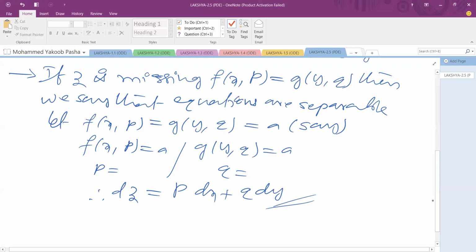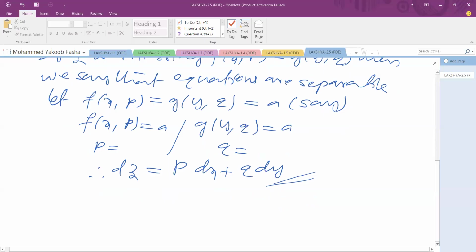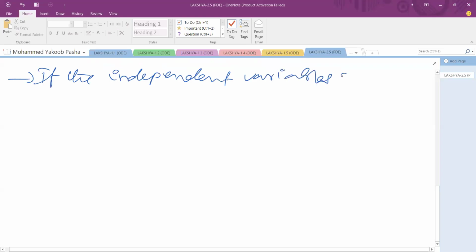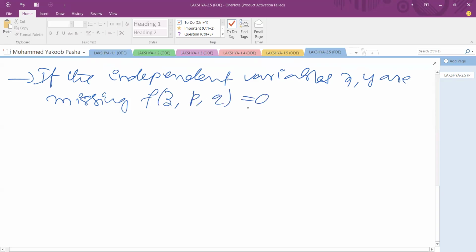If the independent variables x and y are missing, here in this case the given partial differential equation is in the form f(z, p, q) = 0.